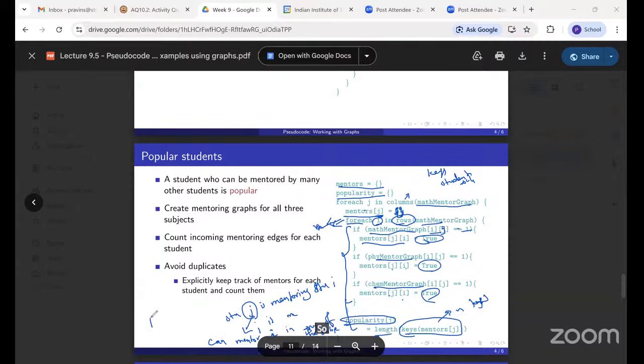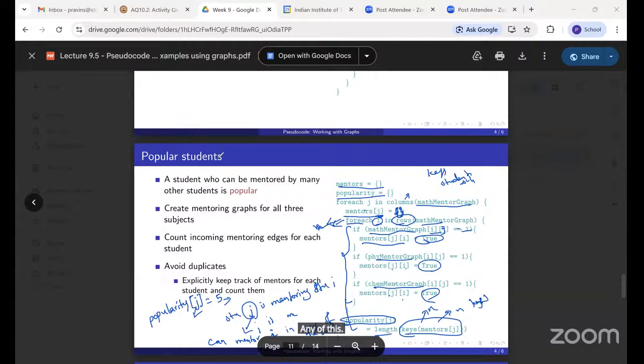So this popularity of j, which is your mentor, will store the number of keys of the particular mentor, which is nothing but the number of students he is mentoring. So it will be 5 or 6 or 7, something like that for that particular student j. So this says the number of students that he is mentoring in any of the subjects.